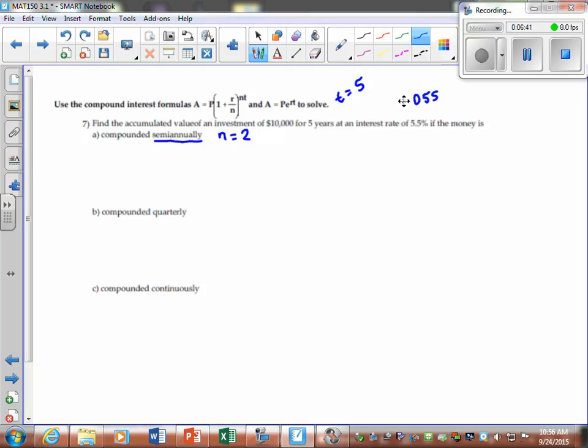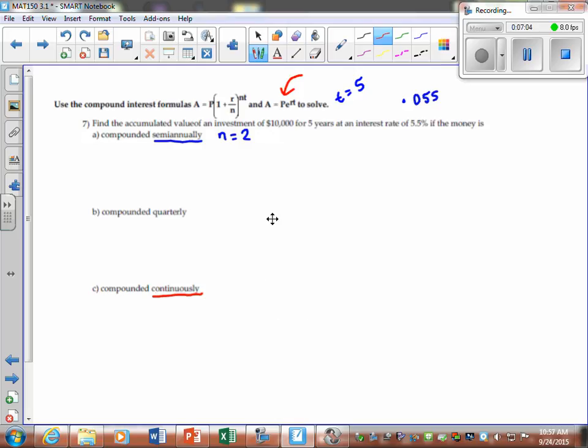So which formula will we use for this first one for part A? We will use this first one because it gave us a certain amount of times it was computed. And then the second one, it tells us quarterly. The third one is continuous. This continuous one, you want to make sure you use this one for continuous.